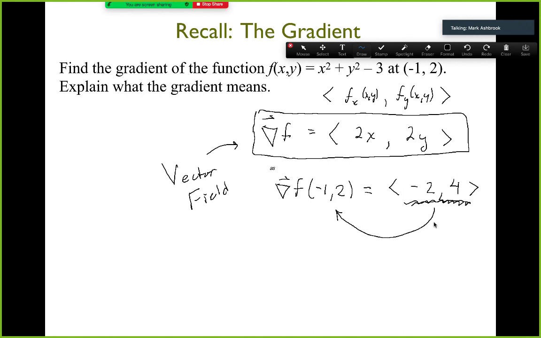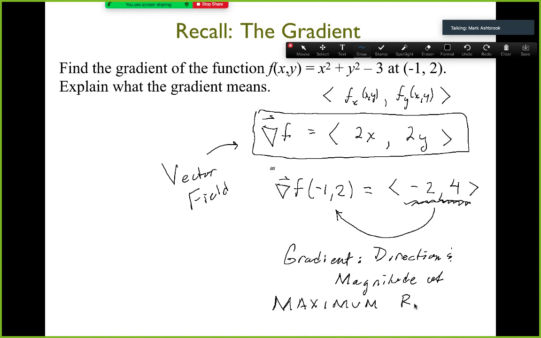So the gradient gave us the direction and magnitude of, oh, someone please know this. The max rate of change. Maximum rate of change, right?